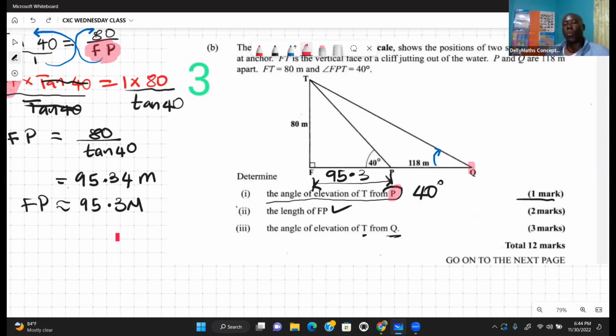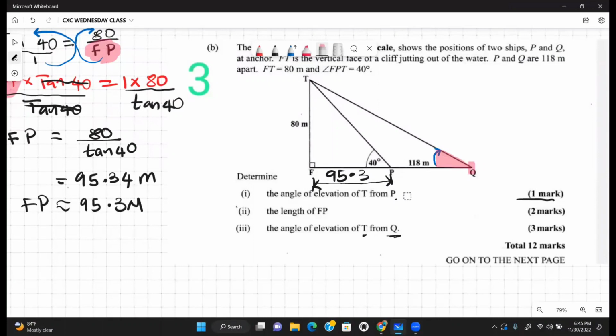Now, what do you have to assist us to find that angle that I'm going to color code pink? What do we have to find that angle? Let me take some things off the board. 95.3.